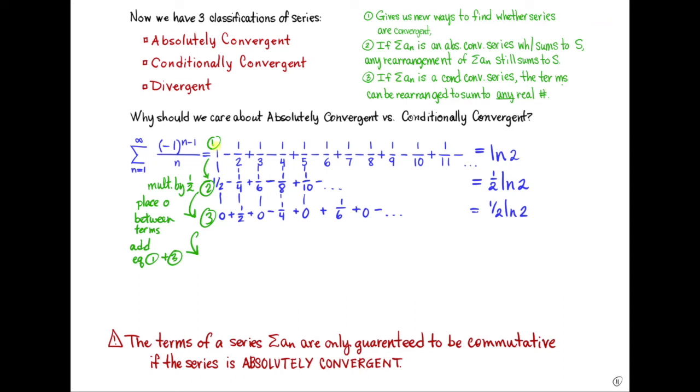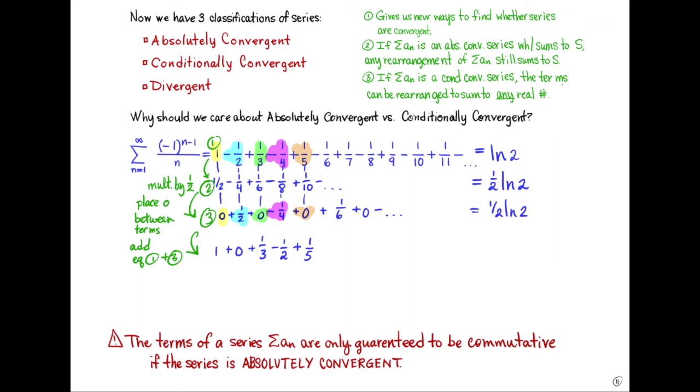So we have 1 plus 0, so our first term here is 1. Then we'd have a minus 1/2 and a plus 1/2, so plus 0. Plus 1/3 plus 0, so plus 1/3. Minus 1/4 and minus 1/4, so minus 2/4, which simplifies to minus 1/2. For our next term, we have a positive 1/5 and 0, so plus 1/5.